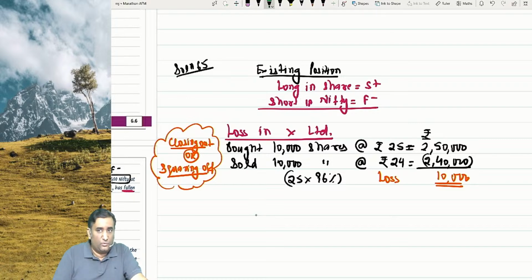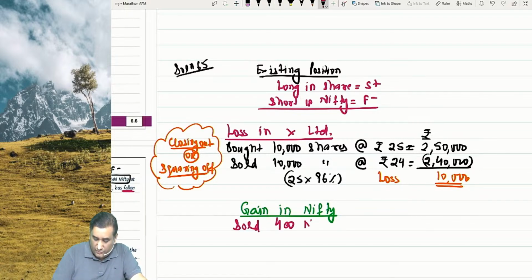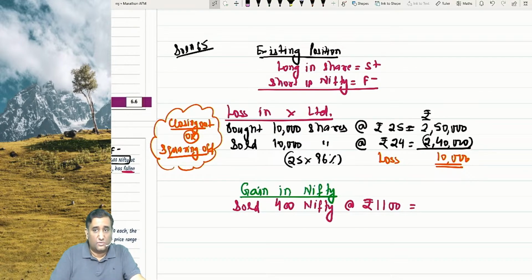Have Nifty for minus and Nifty has fallen. How many Nifty? 400, at the rate of 1100. How much? 4 lakh 40.